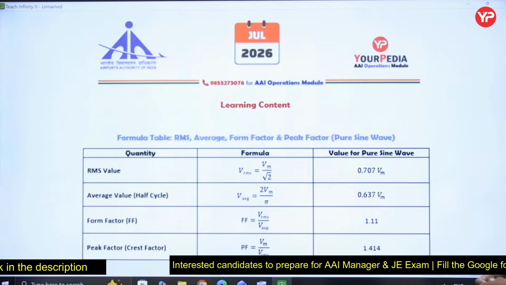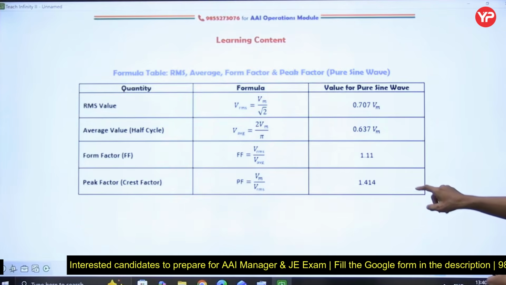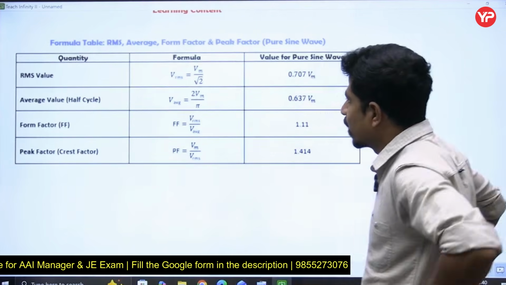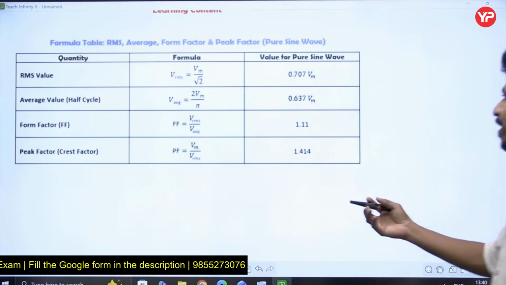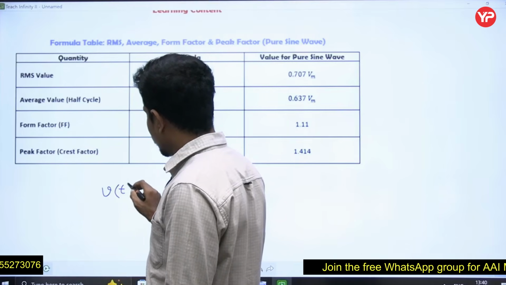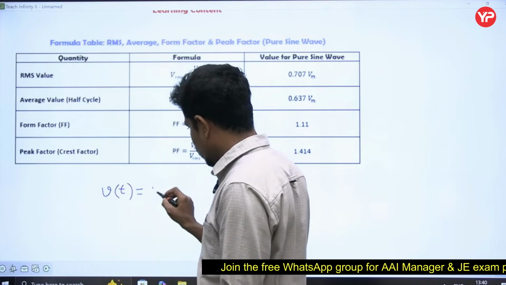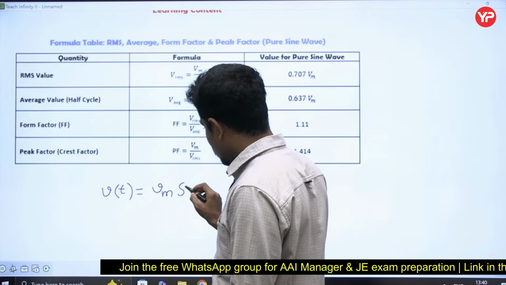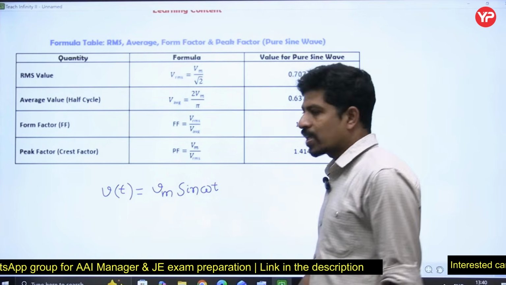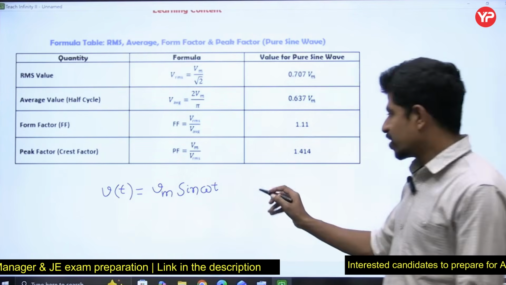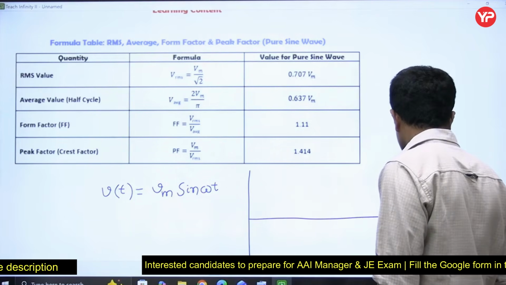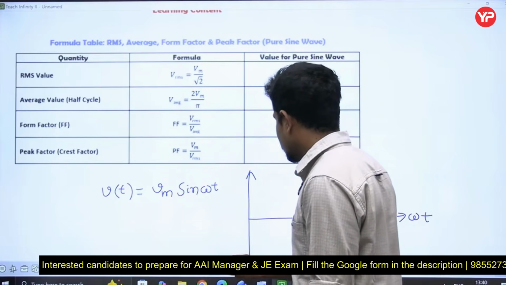Right? Next, see, these are the formulas table I provided for you to understand what is happening exactly. If you take any AC quantity, suppose voltage V of t, any alternating quantity is represented with V of t is equal to Vm sine omega t. If I sketch this waveform, this is omega t, and the waveform goes this way and continues.